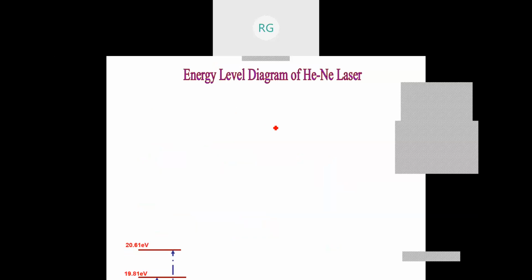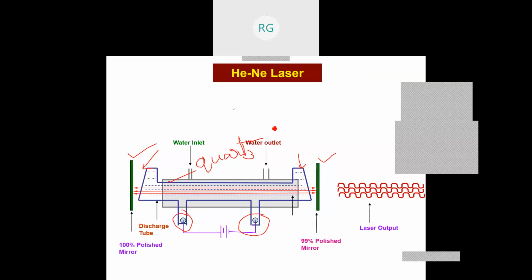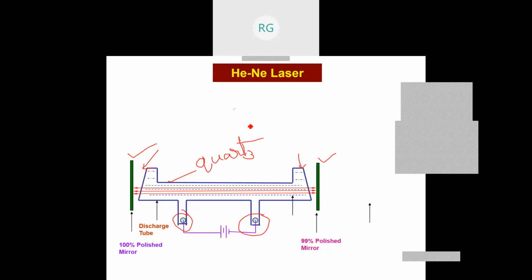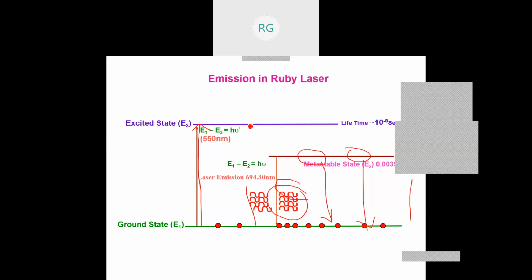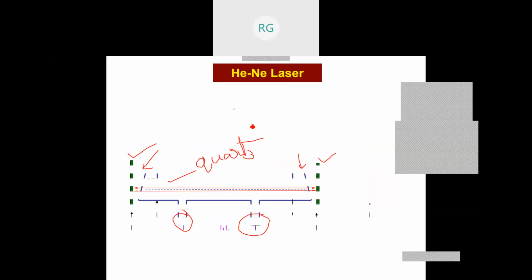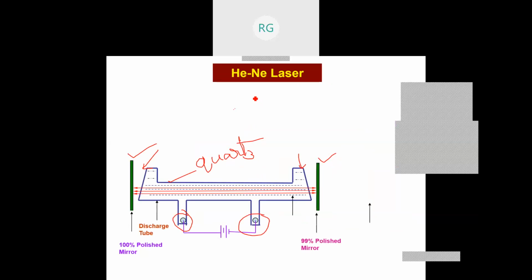Before going to see this, I have to write what the active medium is. In the helium neon laser, the active medium is helium and neon in the ratio 10 to 1. For every 10 helium atoms, I take one neon atom.